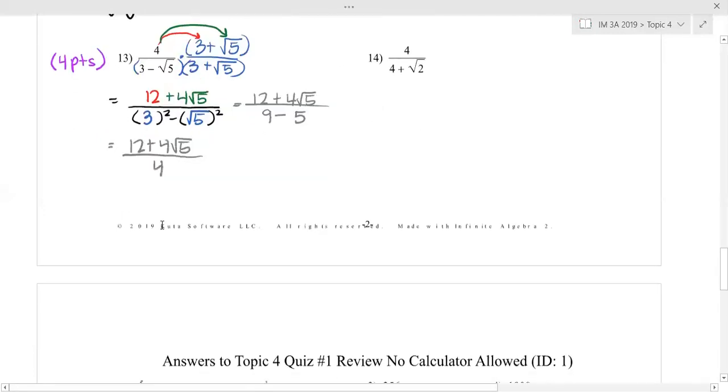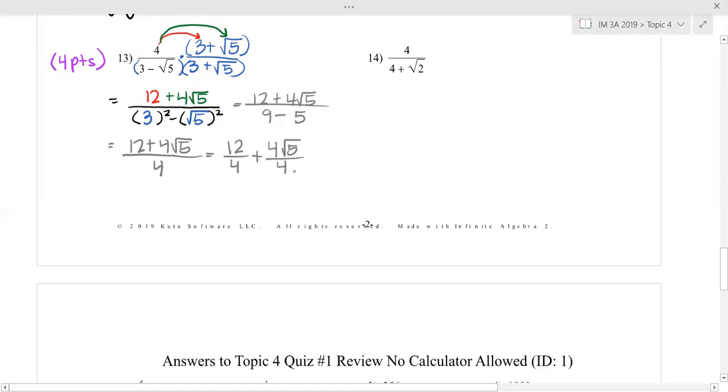So what I want to check is if I can simplify. So I take each piece, each term in my numerator, and divide it by my denominator individually to see if I can reduce. So since my denominator is 4, I'm going to put 12 over 4 plus 4 radical 5 over 4.